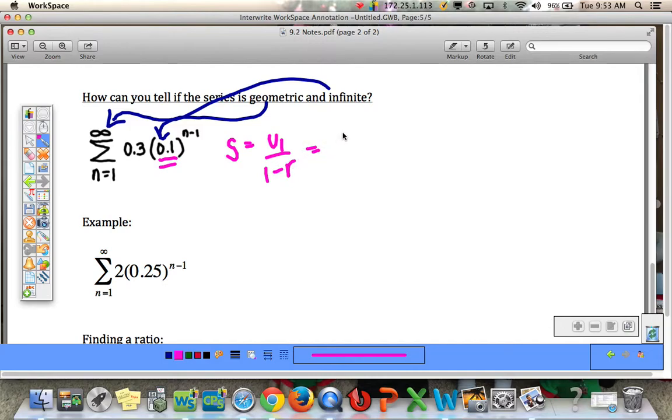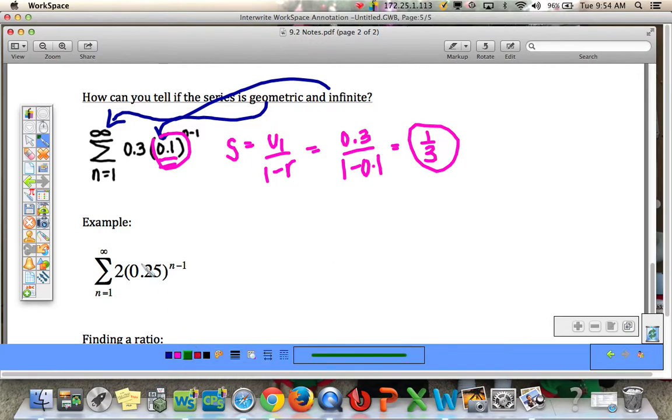So here the first term is 0.3. The ratio is 0.1. And if you calculate that, that would give us 1/3. So if you were to list out all these terms and add them together, since the ratio is less than 1, your terms are decreasing and they get closer to 0. So you could add them together and you'll get a sum of 1/3.